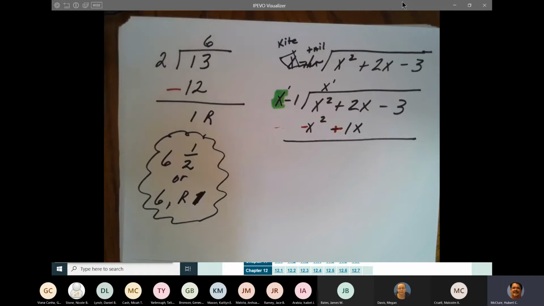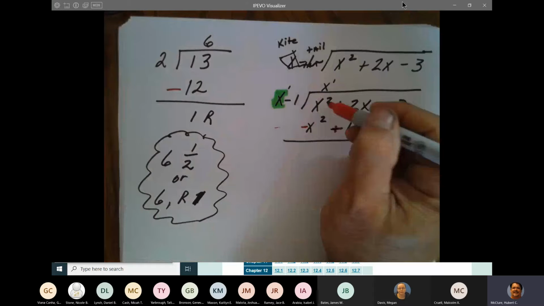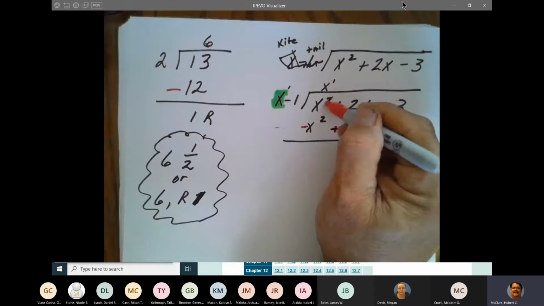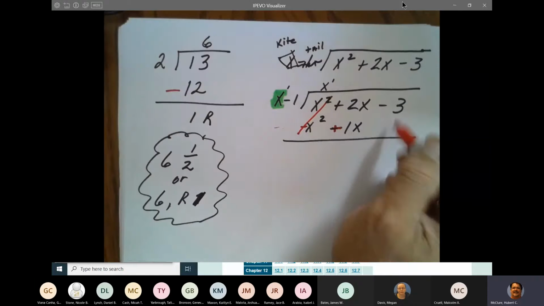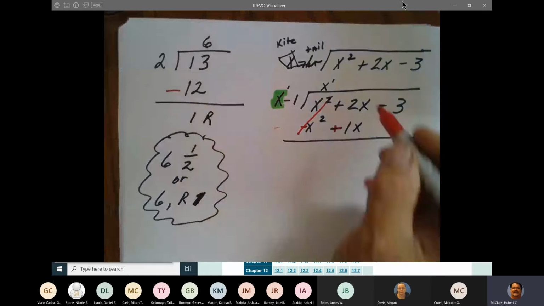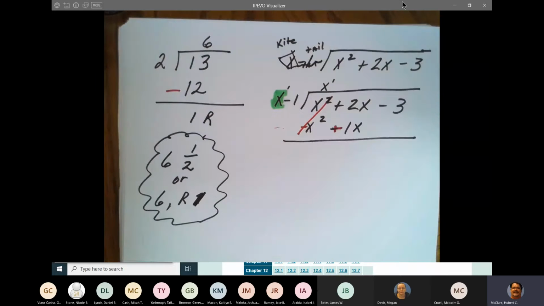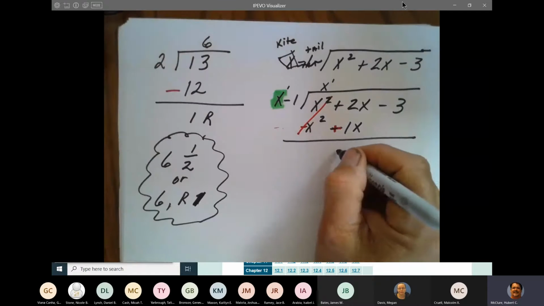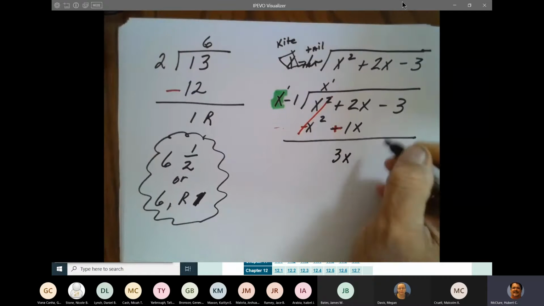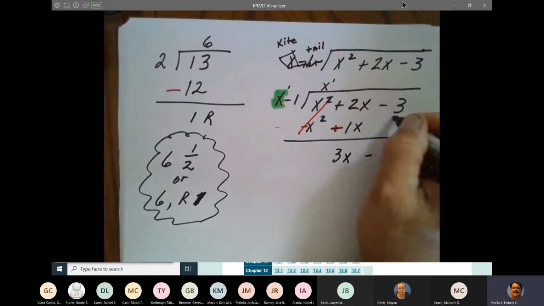And what should happen every time you do this? The column to the left should cancel. And then you just do the math and bring this down to help out. So 2 plus 1 is 3x. Sorry, Corona. 3x minus 3. That comes down to help out.